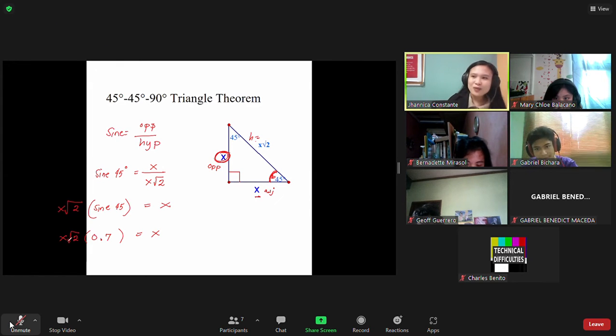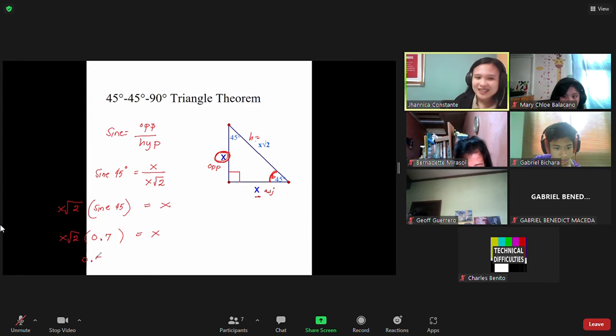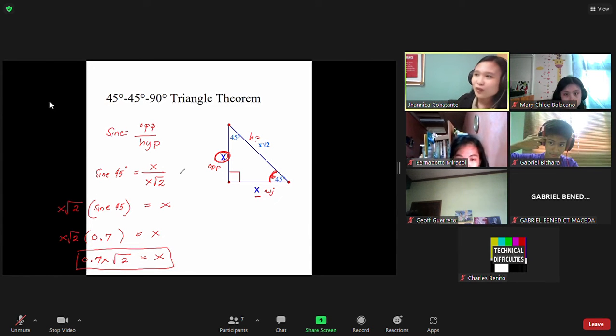So x square root of 2 times 0.7 is equal to 0.7x square root of 2 equals x. So the measurement of side x is equal to 0.7x square root of 2.